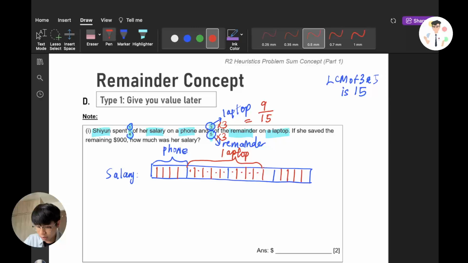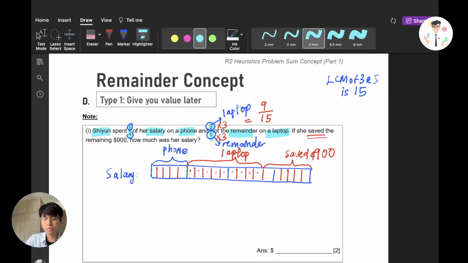And of course, this is what I save, because they use the word save, right? As you can see here. But they say what? If she saves the remaining, this is the remaining 900. So they are saying that this remaining is 900. Yeah. So this is 900.